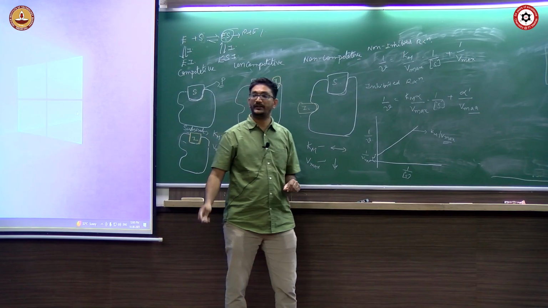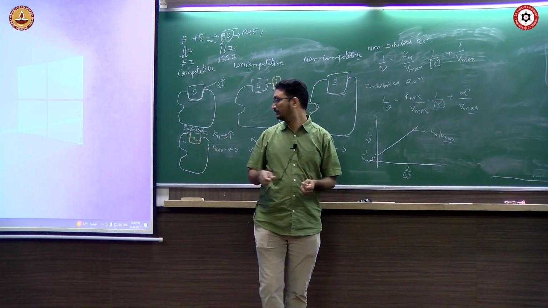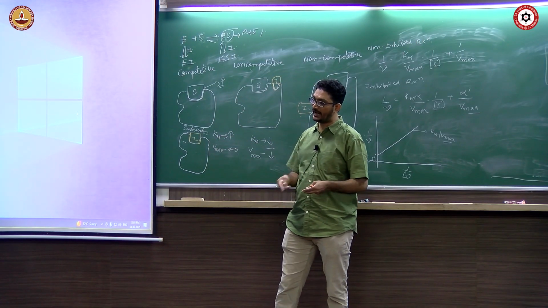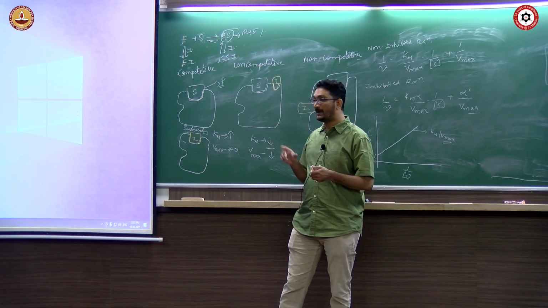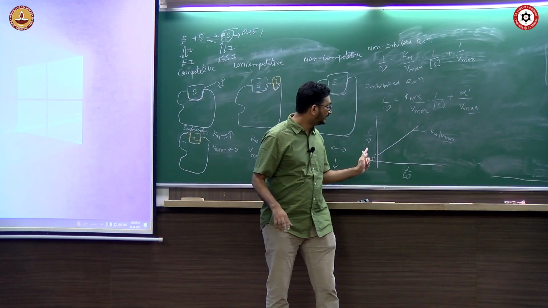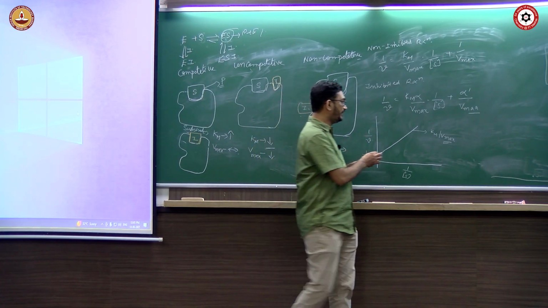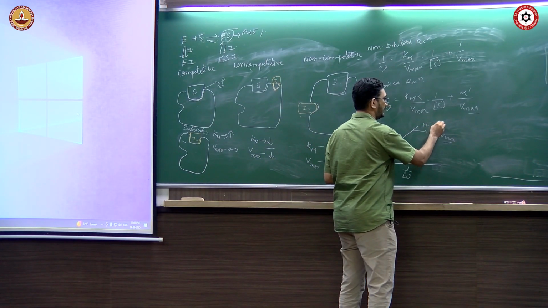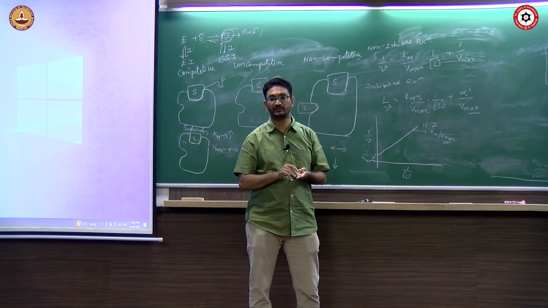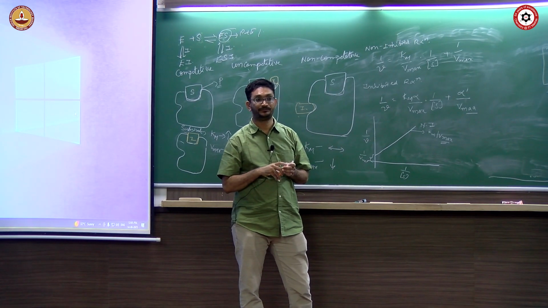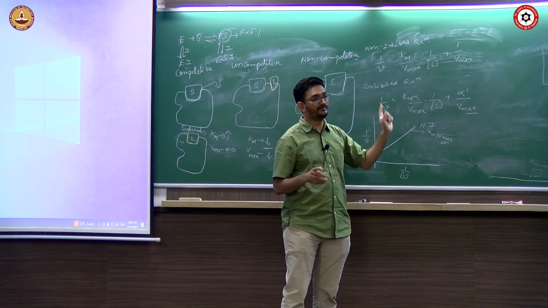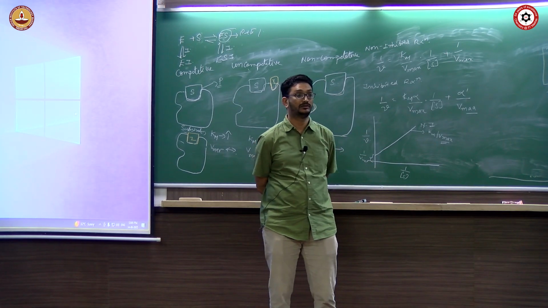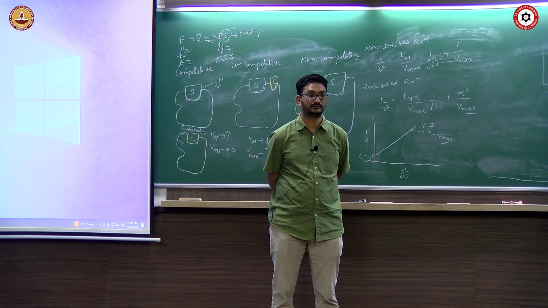Now, if I have a competitive inhibition, what is changing? Is my Vmax changing? No. So, how will the line look if I plot a Lineweaver-Burke plot for an inhibited reaction, compared to this non-inhibited reaction?